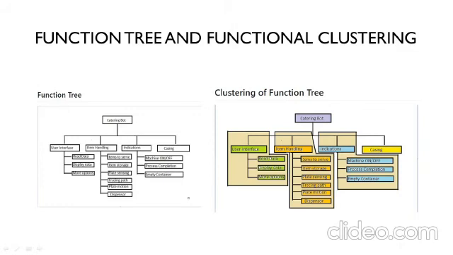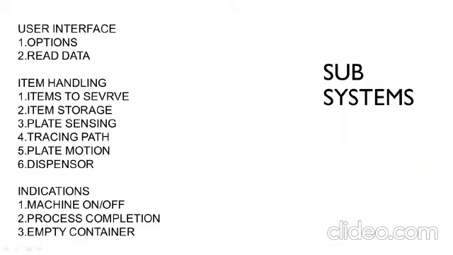Next, let us look at the function tree and functional clustering. The subsystems identified are user interface, item handling, and indications. Under user interface, we have options, meaning the desserts which the user can select. The next one is to read data, which is basically what the user has selected.